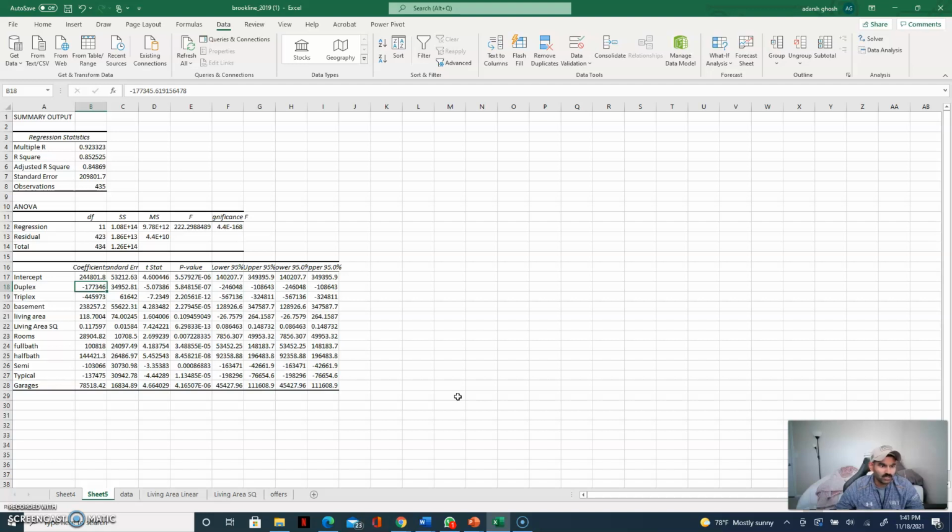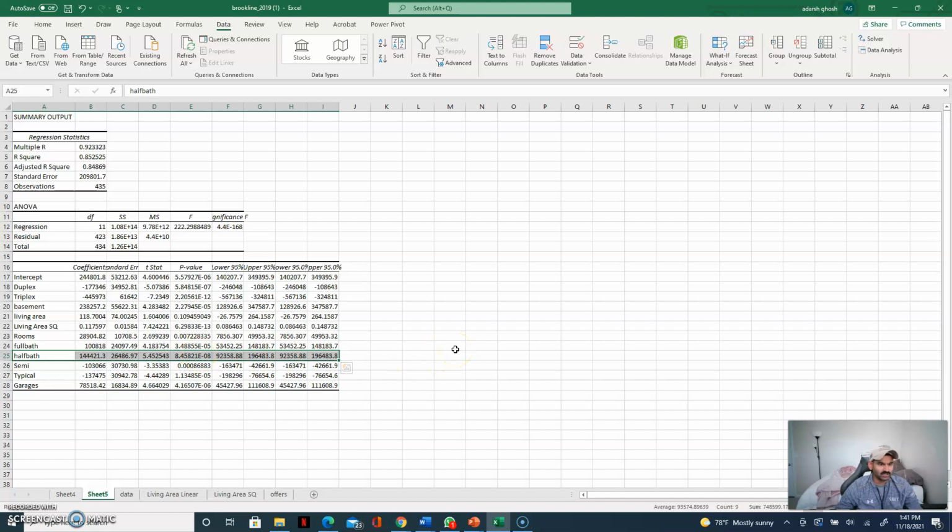For B, it's interpreting the coefficient of a half bath. So I go to this line here. This is my coefficient, $144,421. I verify it is statistically significant.